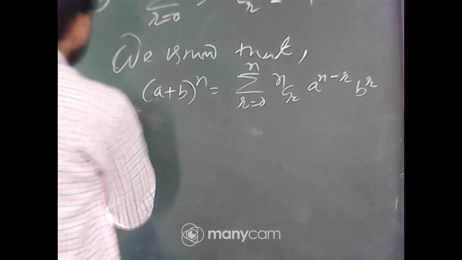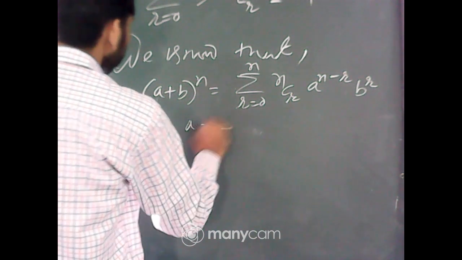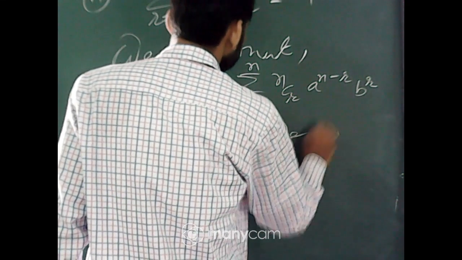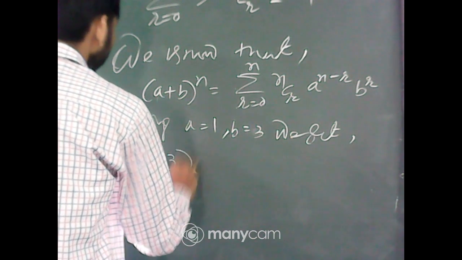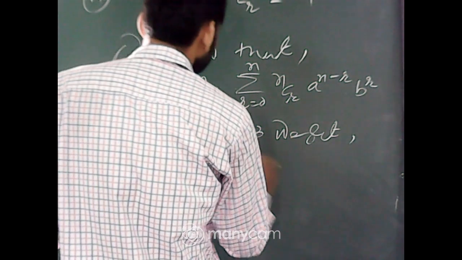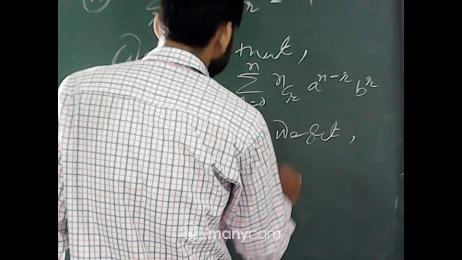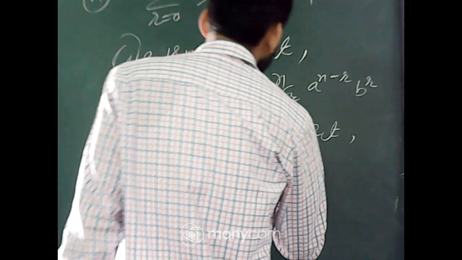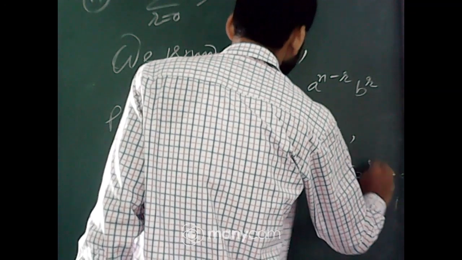Now just putting a equals 1, b equals 3, we get (1 plus 3) to the power n equals summation r equals 0 to n nCr 1 to the power n minus r 3 to the power r.